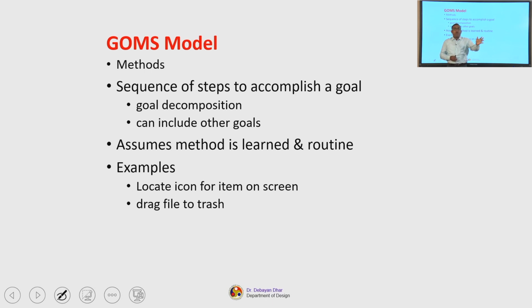Right? So, goal decomposition, it can include many other goals. For example, during the discussion of customer journey mapping, we talked about the journey of buying a mobile, and that journey is a composition of many sub goals. You go and study the existing mobiles, that is one sub goal.